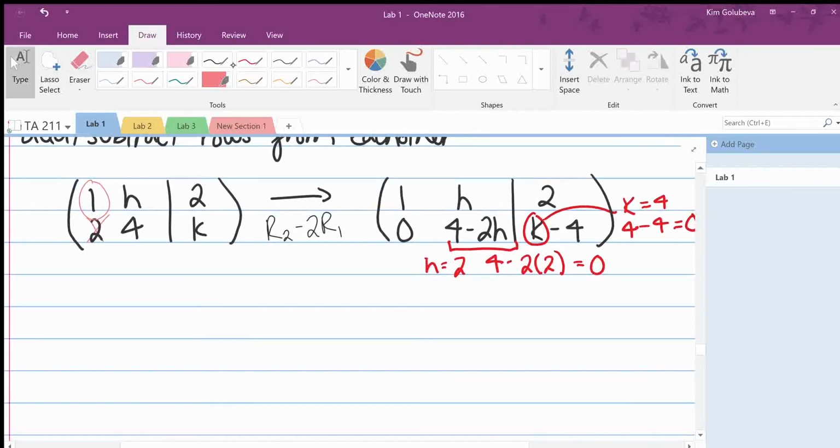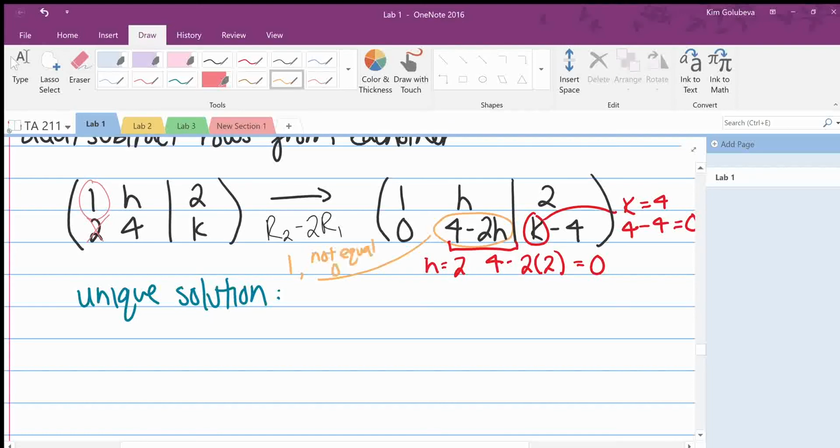So the question is asking us to determine for what values of h and what values of k we get a unique solution. Remember, a unique solution is when there's a leading one in every row and a leading one in every column. So in this case, we would need this whole thing here to equal 1, or in another way, we would need it to not equal 0.